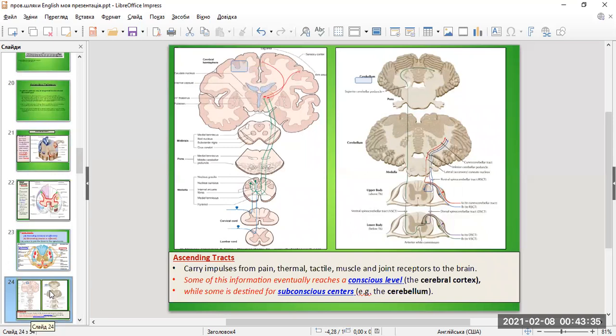Some of this information eventually reaches a conscious level, the cerebral cortex, while some is destined for a subconscious center, the cerebellum.